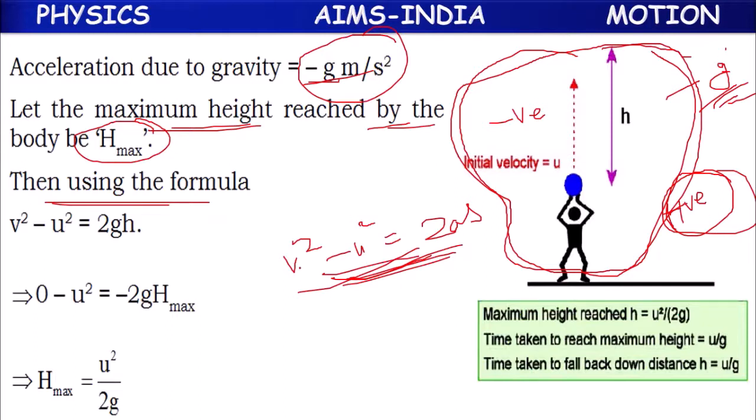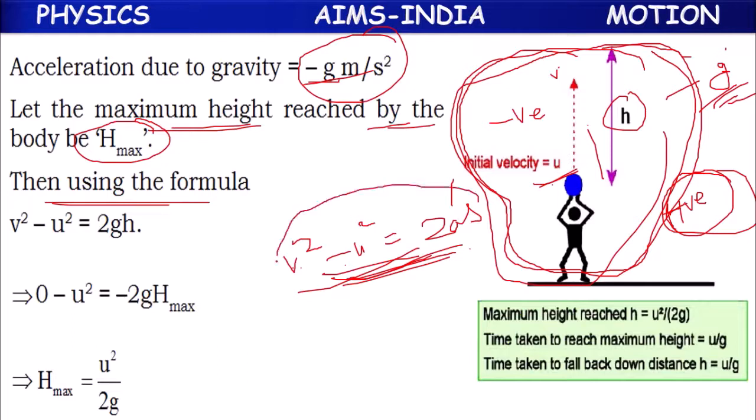One equation is v square minus u square equals 2as. Because no time is involved here, we have initial velocity, final velocity, displacement traveled, and acceleration, so we take this equation without time. In the place of s, we can keep h because it is a height.